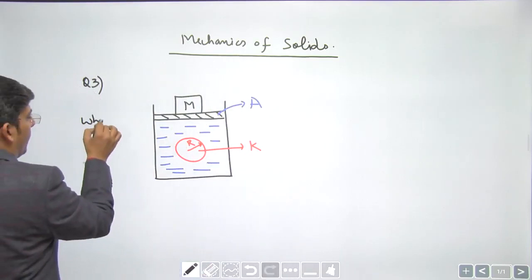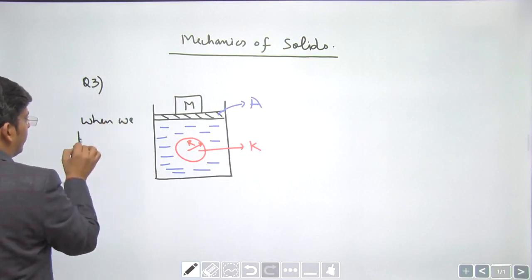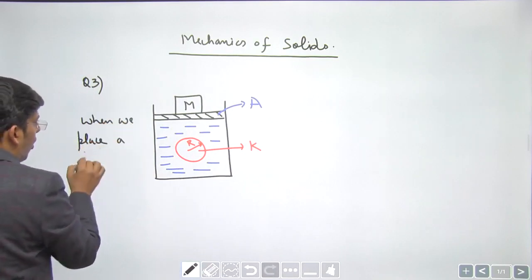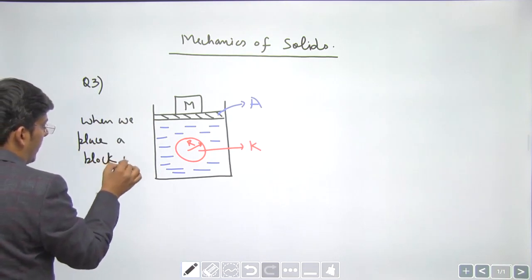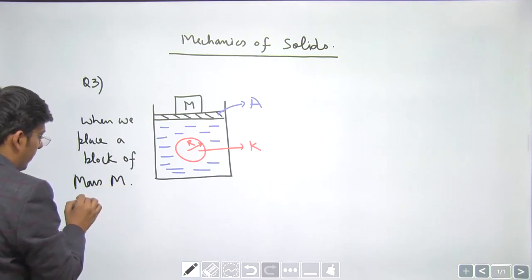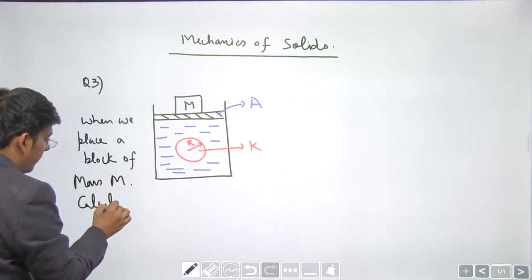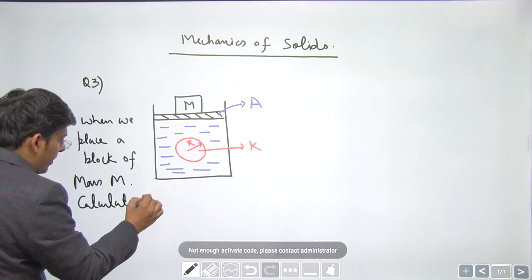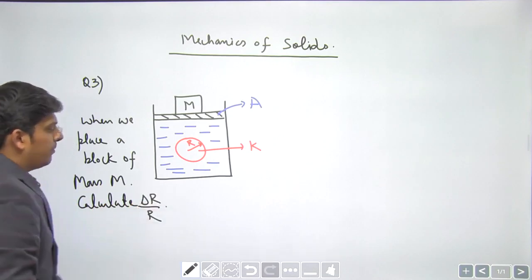When we place a block of mass capital M over the piston, calculate the fractional change in radius. You are asked to calculate delta R by R for the ball.